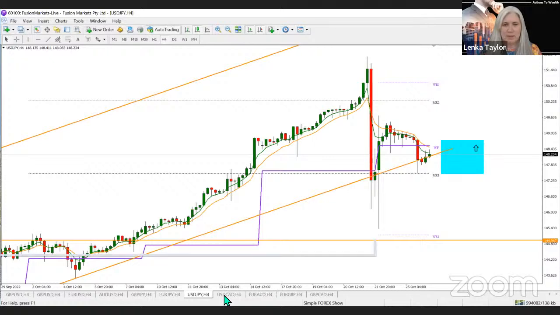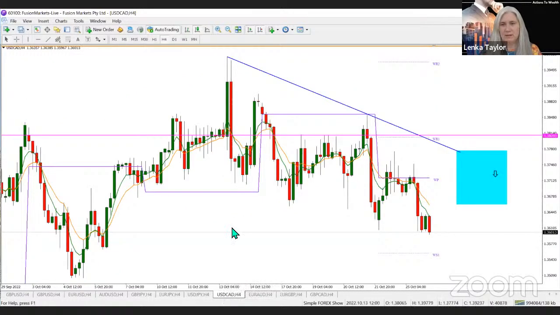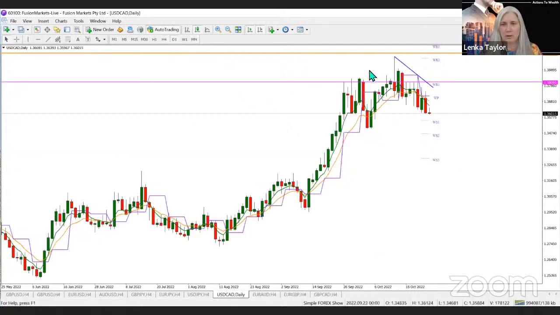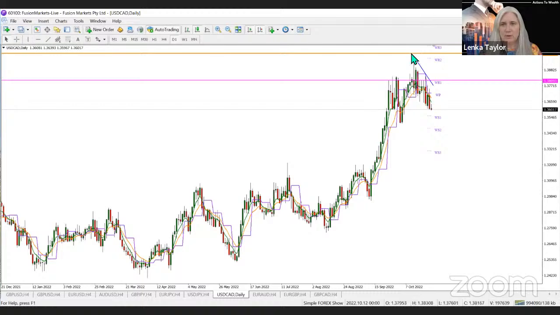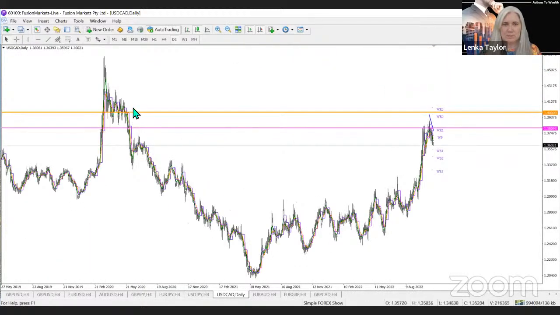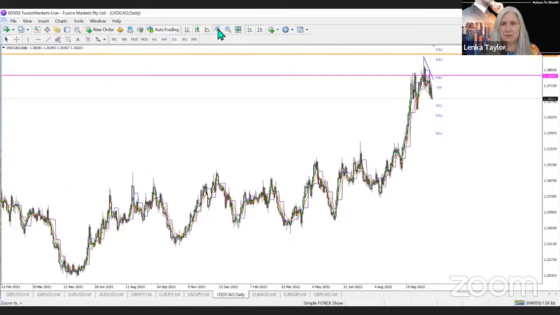Next currency pair is USD CAD, and USD CAD I'm looking for short opportunities. Here we are at that top level of previous resistance that I've marked there from a long time ago.